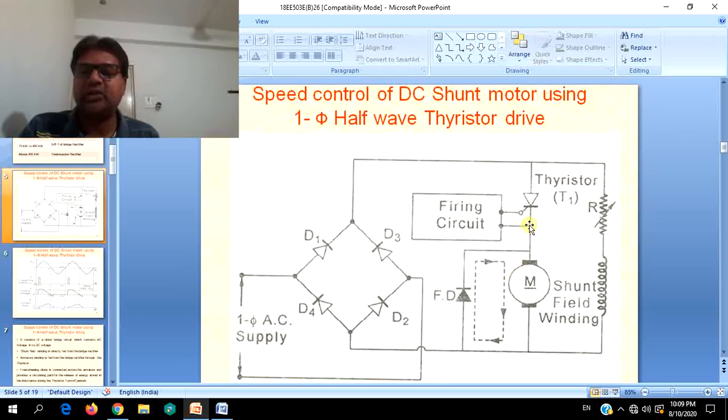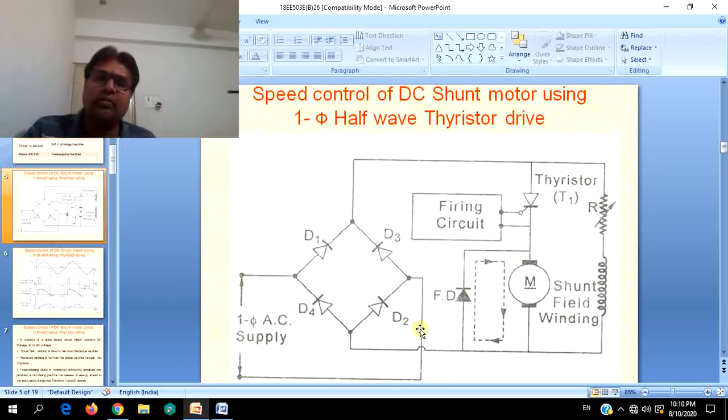In the circuit shown, the SCR with its related firing circuit and a freewheeling diode are connected across the armature for the circulating currents during the release of energy stored inside the armature winding inductance. So this is the simplest case where the available supply is single phase, so we have to compulsorily convert it to DC.